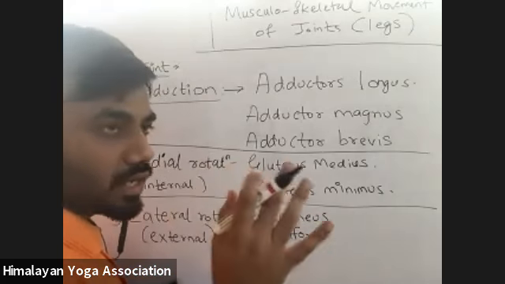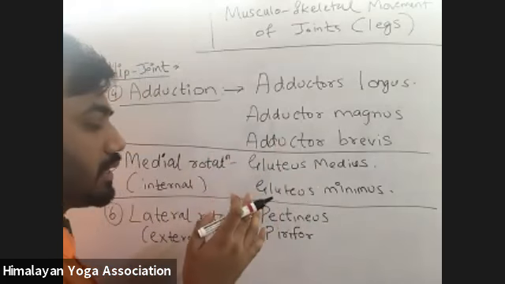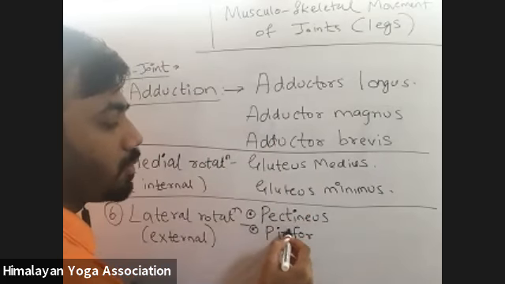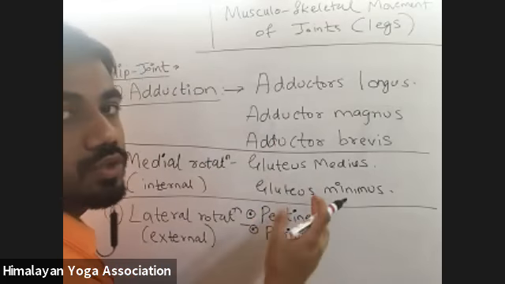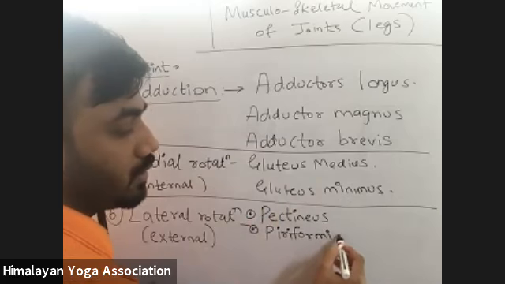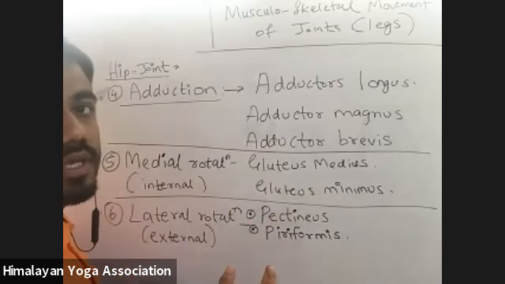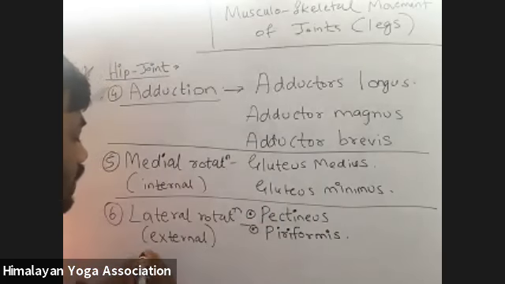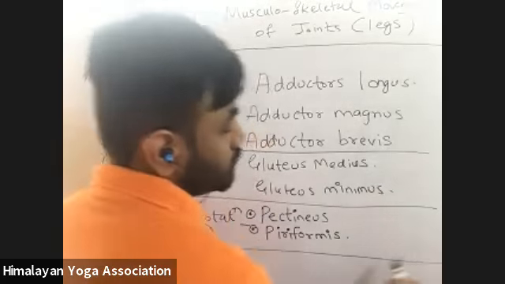Just next to the psoas muscle, we have the pectineus and the piriformis, which allow the lateral rotation of our hip joint.